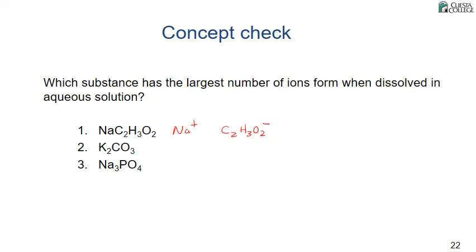For the second option, potassium carbonate would turn into 2 K+ ions and 1 carbonate ion. In the third example, the sodium phosphate would turn into 3 sodium ions and 1 phosphate ion. So the total number of ions would be 2, 3, and 4, meaning that the sodium phosphate turns into the most ions.